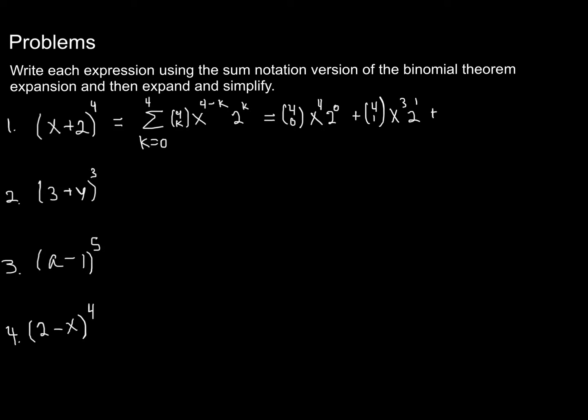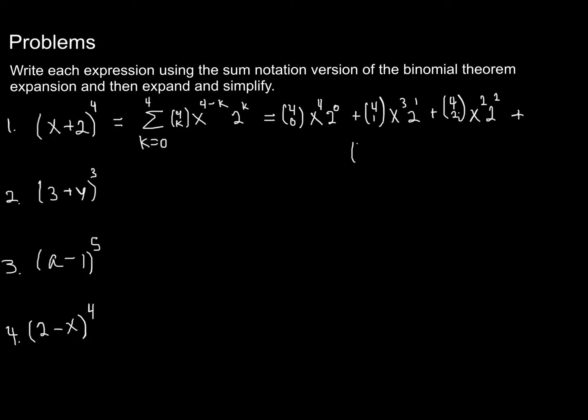Plus, and now I'm changing k to be 2, so on and so forth. So I have 4 choose 2, x to the 2, x squared, 2 squared. Plus, I'm going to go down to the next line, but you should be able to keep this on the same line.